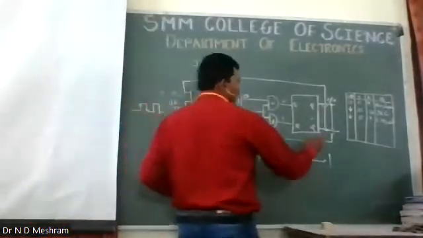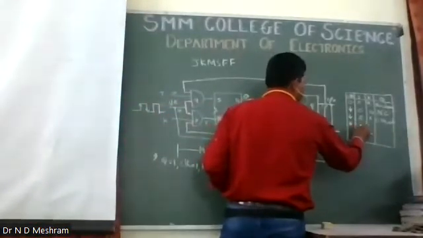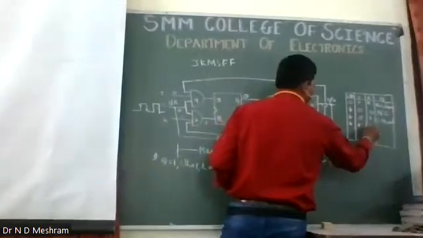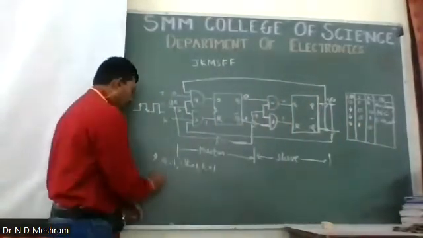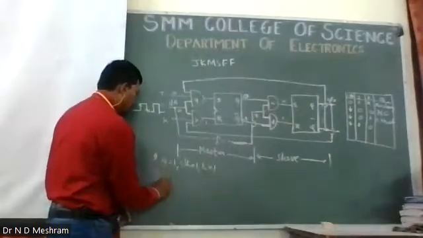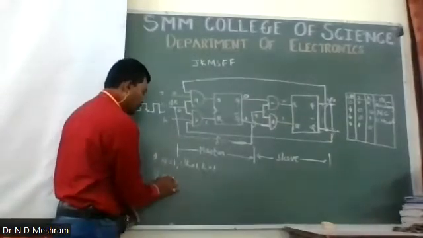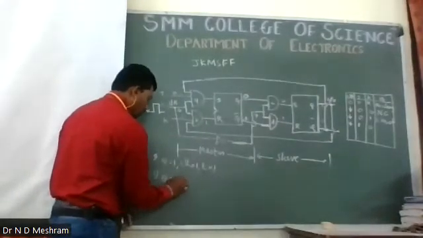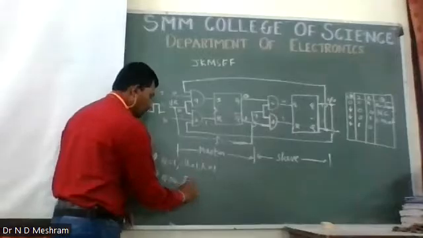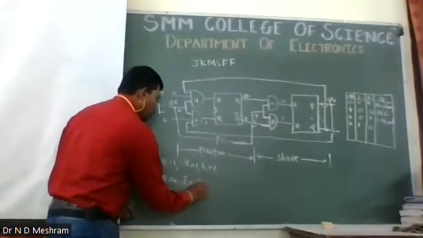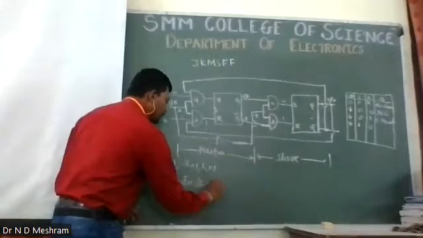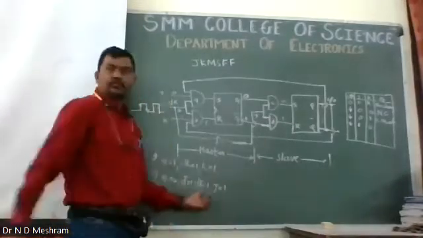Second, when I am giving it again a negative edge, and if I am giving J equal to 1 and K equal to 0, here again we have to consider all three conditions. Here we can say that Q equal to 0, or Q bar is equal to 1, right? Then we have clock equal to 1 and J equal to 1.